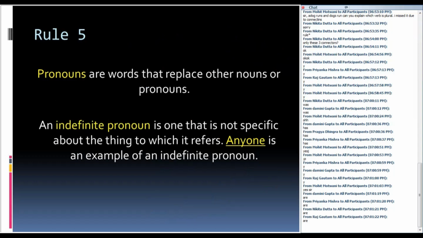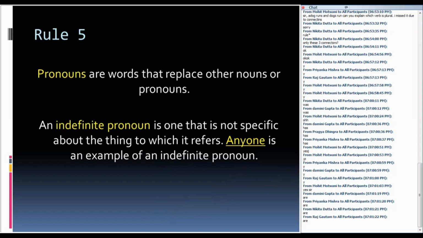For example, the word anyone is an example of an indefinite pronoun. When I say anyone, anyone is eligible. I'm not talking about a specific person. Right now, I don't know who that person is. But anyone is eligible for this contest. So anyone is an example of an indefinite pronoun.